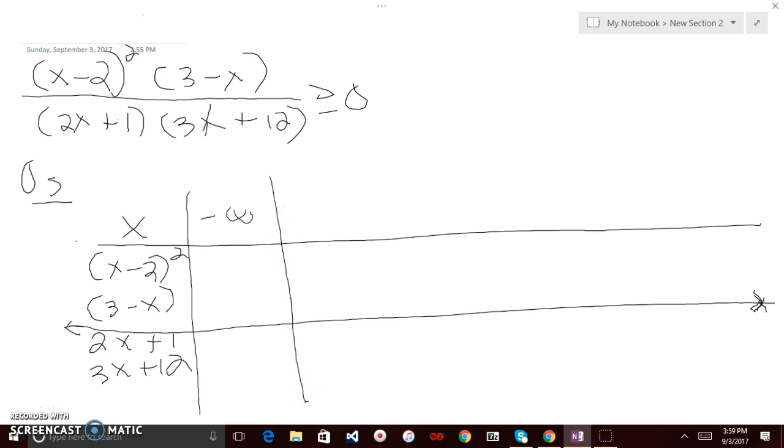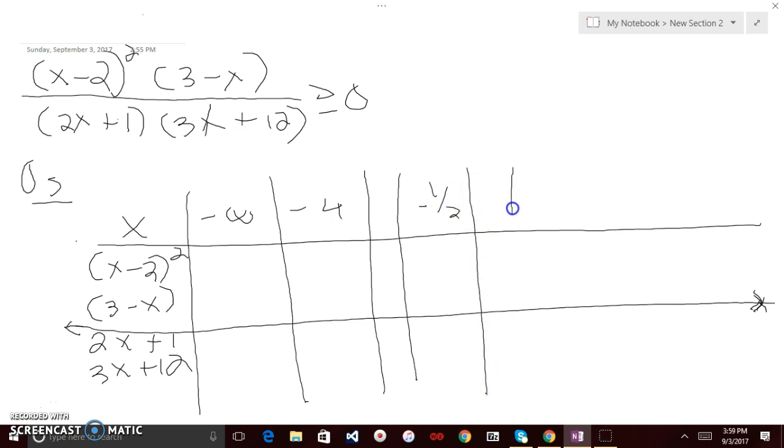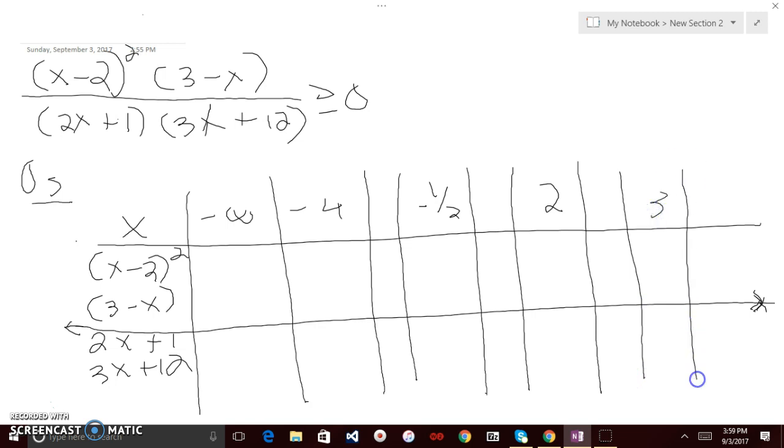So you're going to have negative 4, and then space for everything between negative 4 and the next 0, which is negative 1/2. Space between negative 1/2 and the next 0, which is 2. Space between 2 and the next 0, which is 3. Space between 3, and then positive infinity.